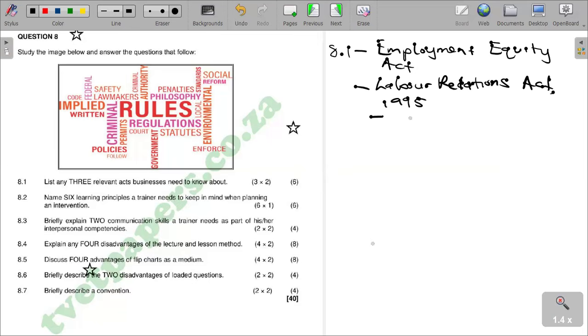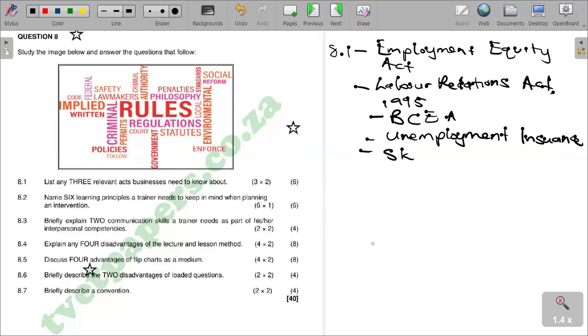There is another act, the Basic Conditions of Employment Act. We also have unemployment insurance, and skills development.